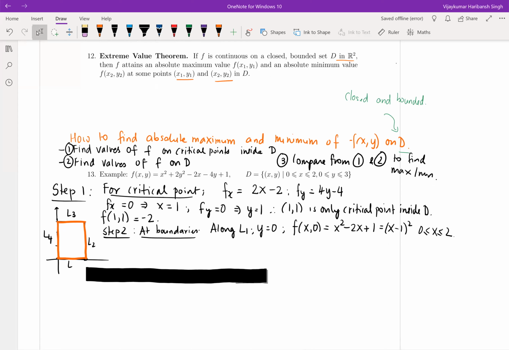So now we need to find the maximum value of this function along the boundary L1. We have reduced ourselves to a function of one variable.